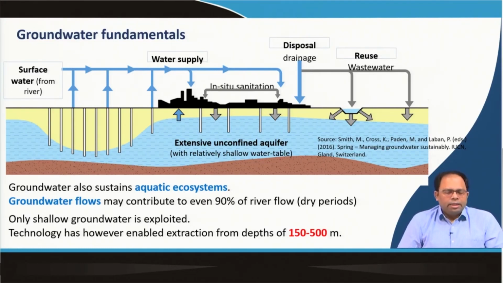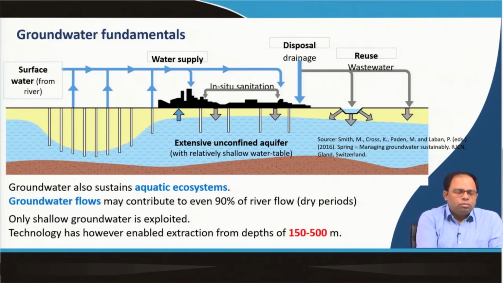The image shows you the overall setting of an urban area. As you can see, this blue band in the image is the aquifer. This brown band is the impervious surface or the aquiclude, and this yellow area is the zone above the aquifer.